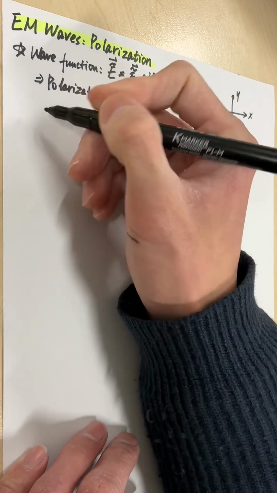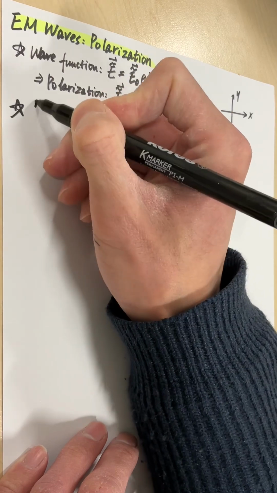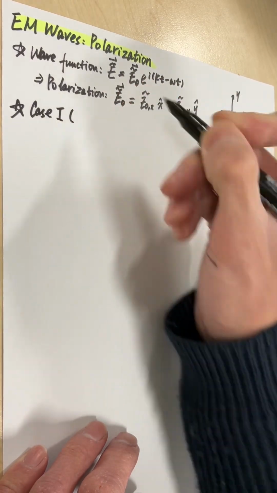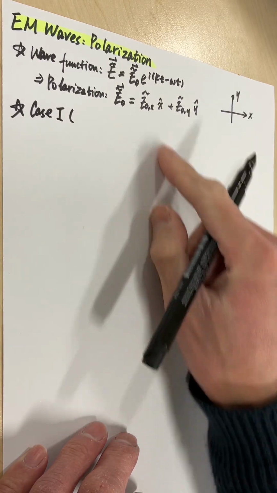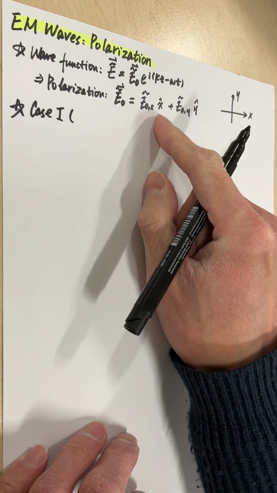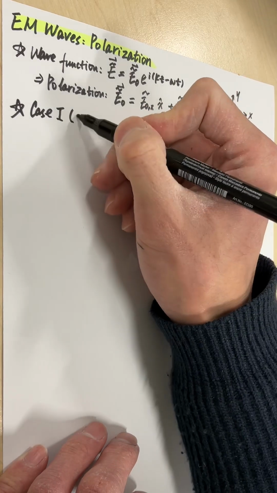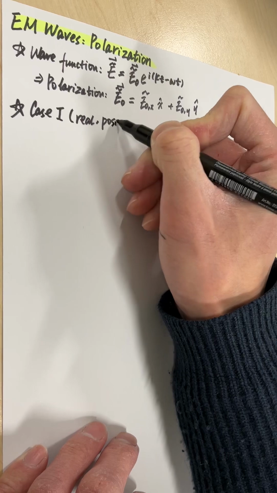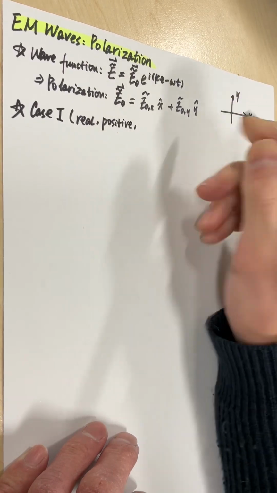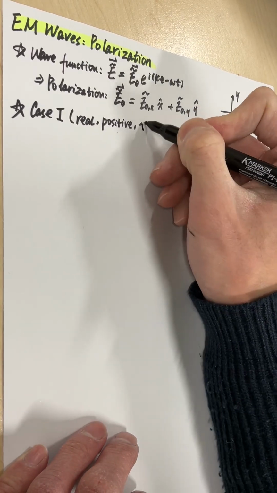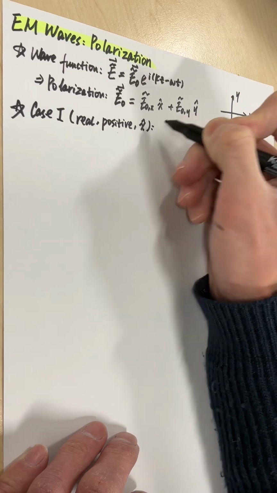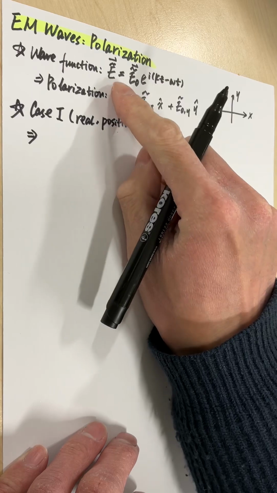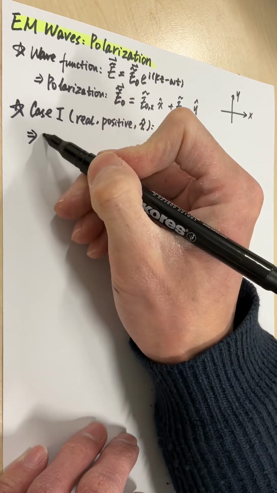Okay, so let's look at the first case, where we have real and positive amplitude, and we only polarize in the x direction. So the first step is we express the wave equation.